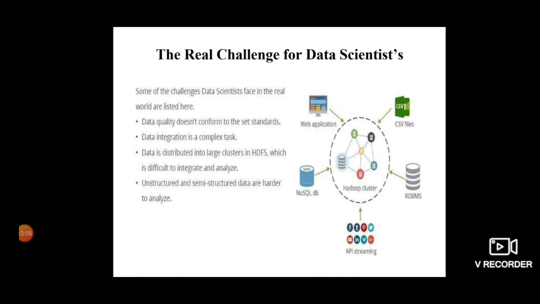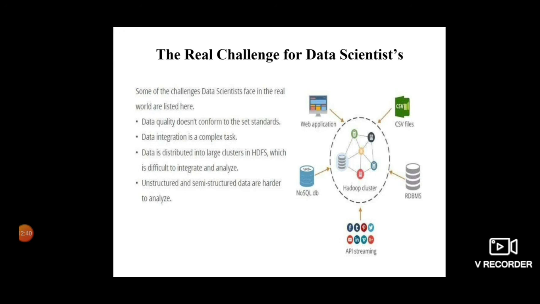Then we will discuss the real challenges for a data scientist. The data scientist has to face some challenges in the real world, which involve the following. As the data is in the format of big data, data integration will be a complex task. Then data quality should be good, but it does not conform to a set of standards.